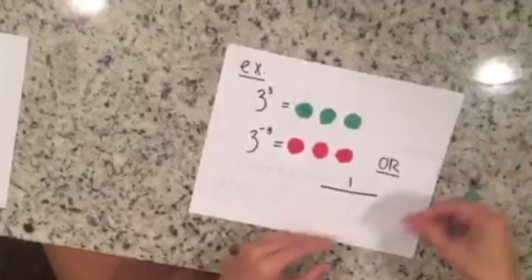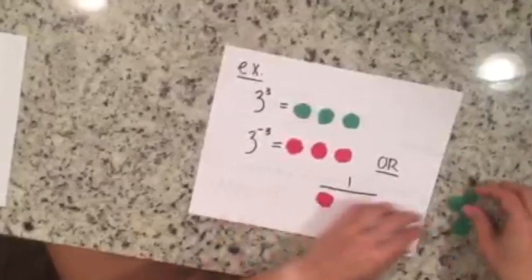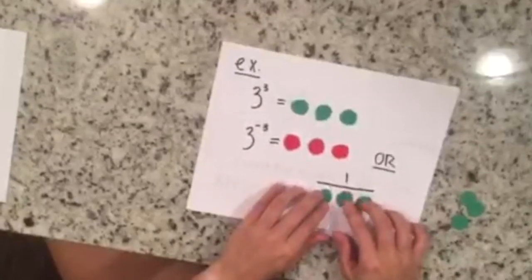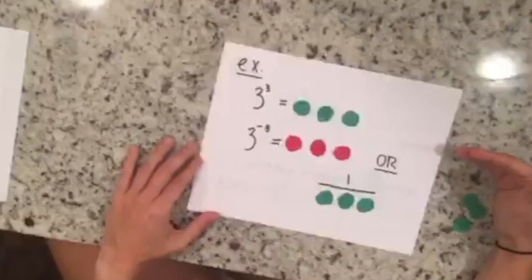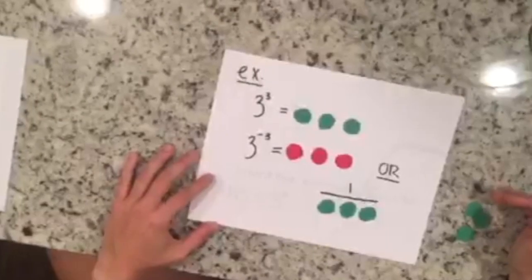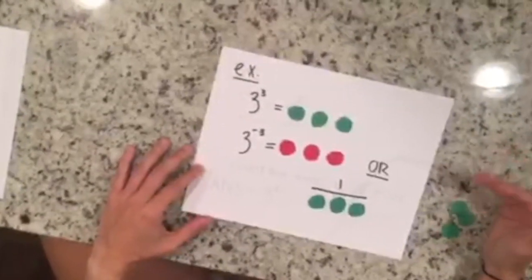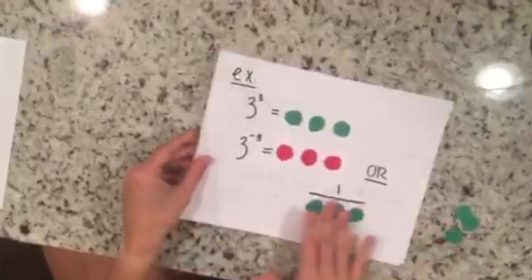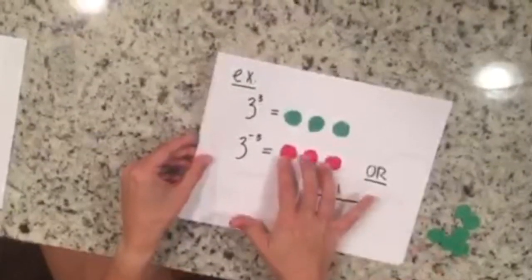This can also be written as 1 over 3 green tiles, because we know that when we move a negative exponent to the denominator of a fraction, then we get 1 on top, and it's the reciprocal of that fraction. So it's a little practice using our exponent tiles.